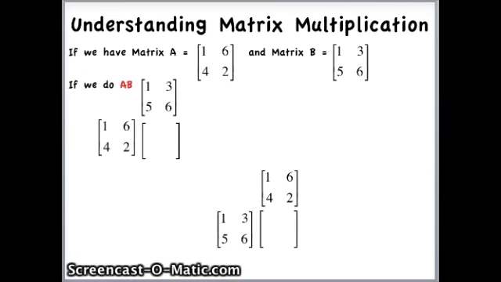So let's do a little bit of a comparison. If we have matrix A and matrix B, they're both 2 by 2 matrices. Since these two numbers match, we can perform this operation, and we know that it's going to be a 2 by 2 matrix. So we have matrix A and matrix B, and we have our 2 by 2 matrix.